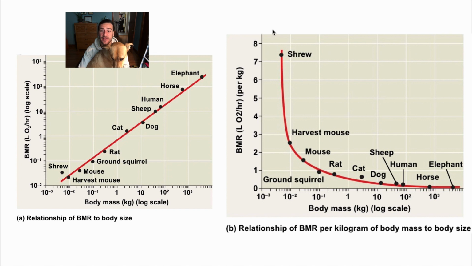So this makes a ton of sense because the smaller you are, the larger your surface area is. Your surface to volume ratio is much higher, so heat is escaping you, and you have to eat more, and your heart is going to beat at a really fast rate, and you're going to have just overall much higher metabolism.